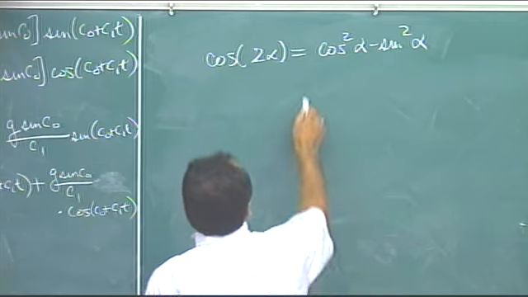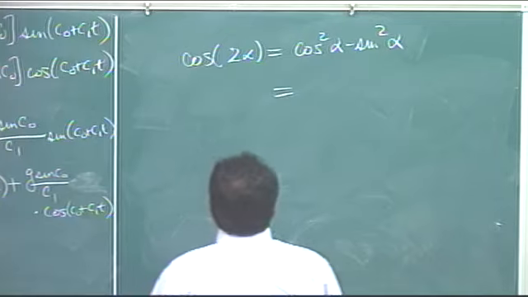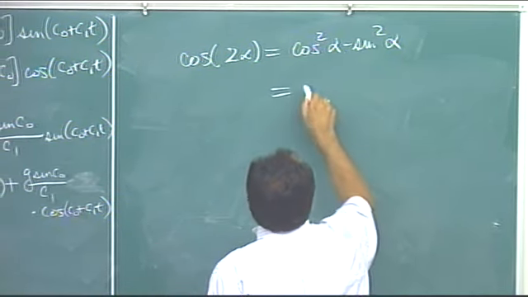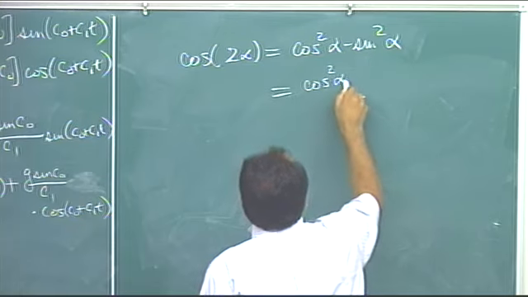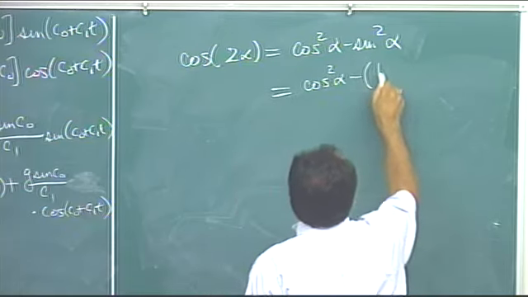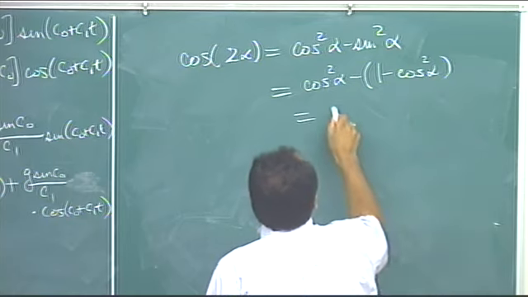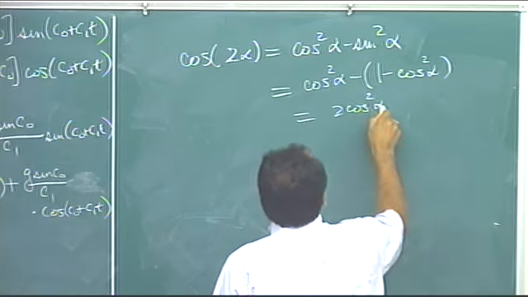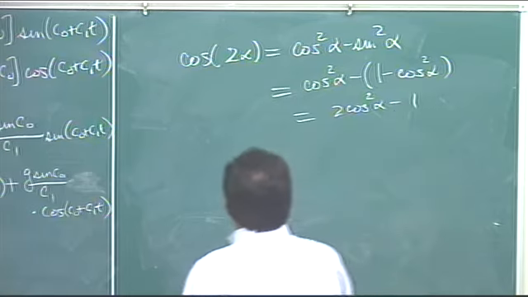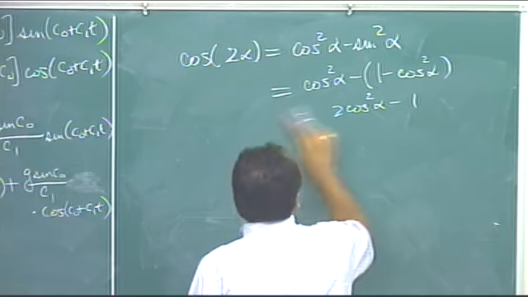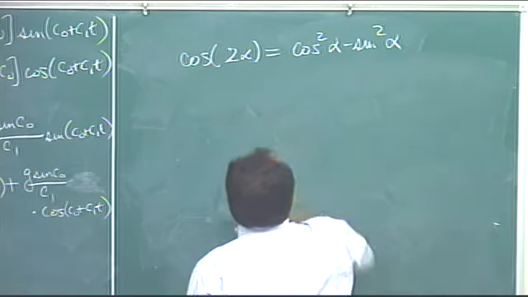So what this tells me is, I know that this can be reduced, and I know that sine squared alpha is what? Well, I got cosine squared alpha, which is 1 minus sine squared alpha... sorry, I did it the other way. I shouldn't have done it with the substitution of the cosine.